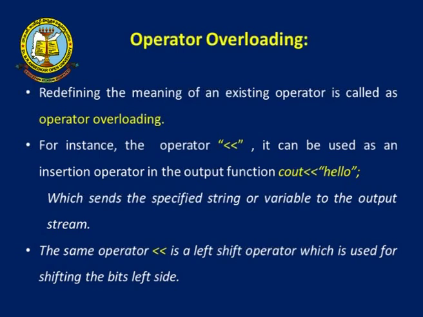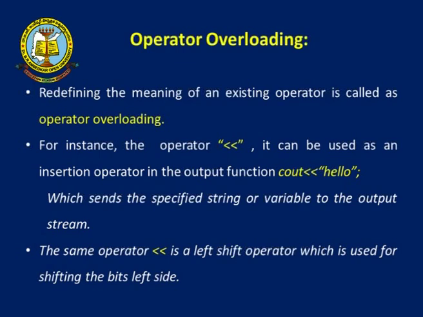For example, here we have the left shift operator, double less than. It can also be used as an insertion operator in the output function. For example, it can be used along with cout for sending this string, hello, to the output stream.